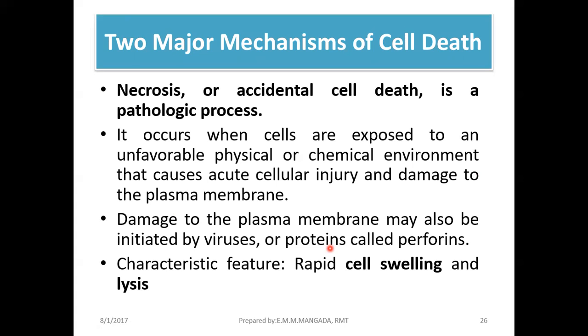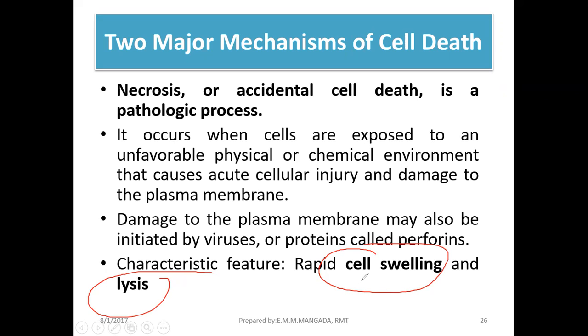That's necrosis. Damage to the plasma membrane may also be initiated by viruses or proteins called perforins. Remember, the characteristic feature of necrosis is rapid cell swelling and lysis. In necrosis, we usually get damage of the cell membrane.